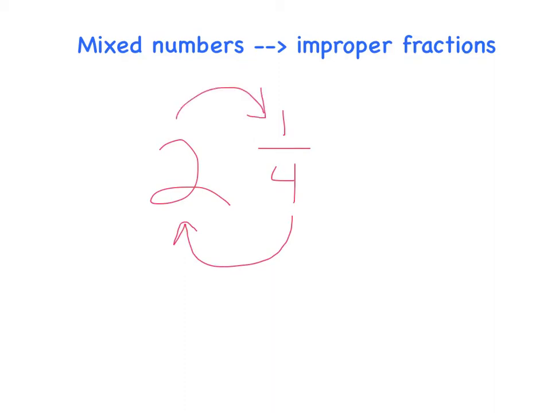We've talked about in the past that multiplication is just repeated addition. So I'm going to multiply and then I'm going to add. 4 times 2 equals 8, plus 1 equals 9. So that's going to be my new numerator. My numerator is 9 and my denominator is still going to be 4.